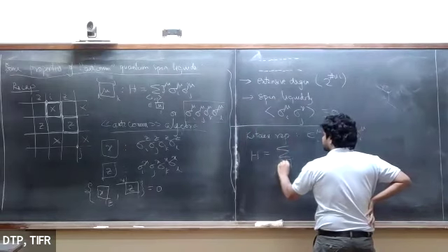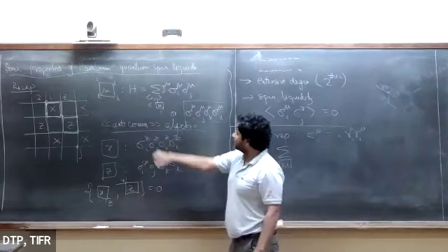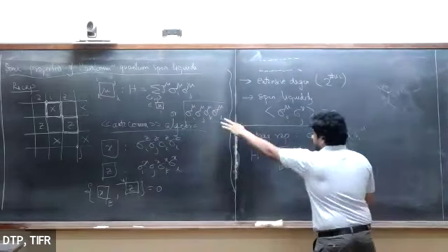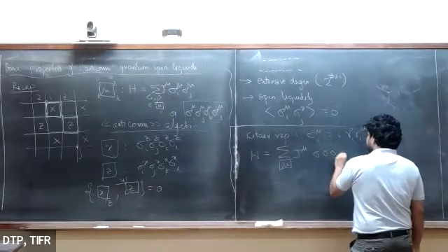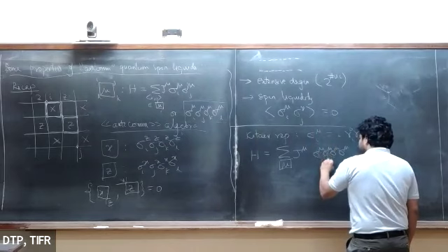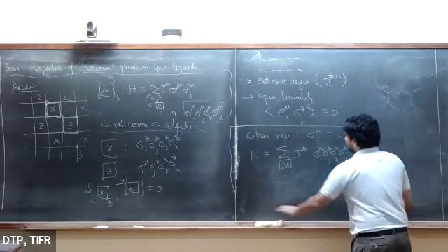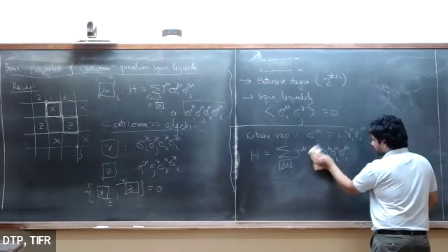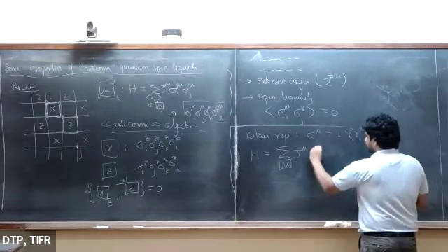I have a sum over all these plaquettes, J mu times this term. Now clearly I just plug it in. I'll erase it; it should be clear enough.